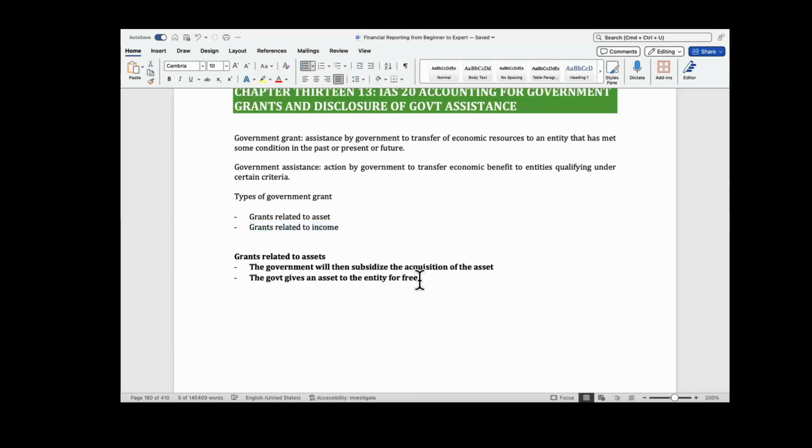Before you can even think of recognizing it in your books, the criterion is that there must be a reasonable assurance that the entity will meet the conditions attached to the grant.